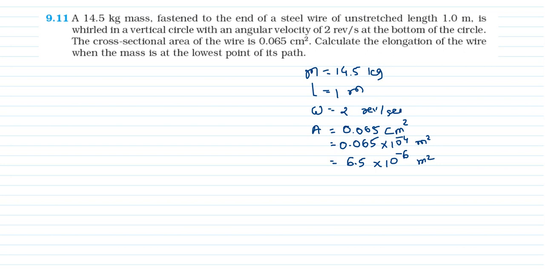Okay. Calculate the elongation of the wire when mass is at the lowest point of its path. Elongation मतलब आपको delta L calculate करना है यहाँ पर. Okay. So here you want to calculate this delta L.